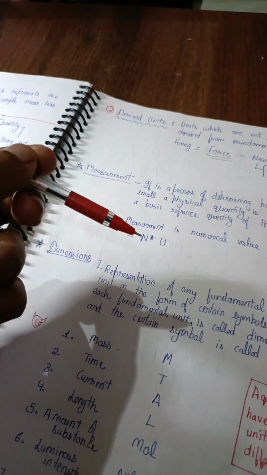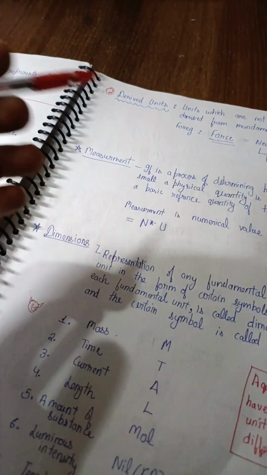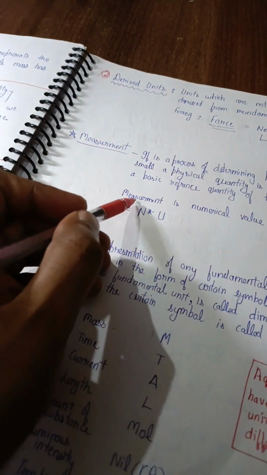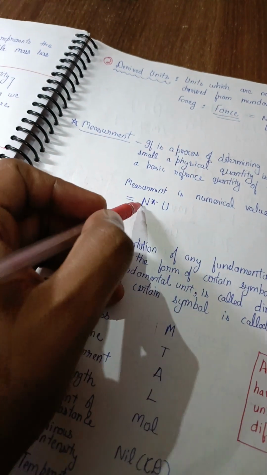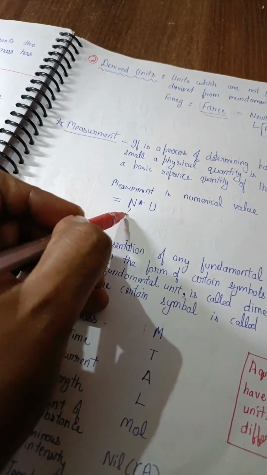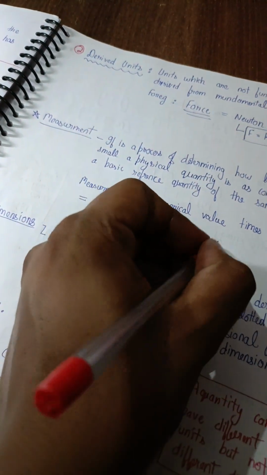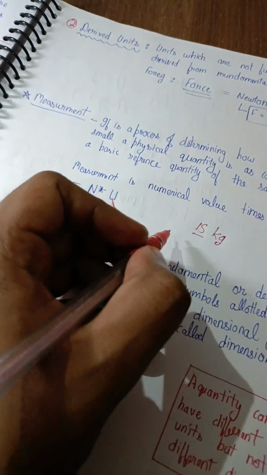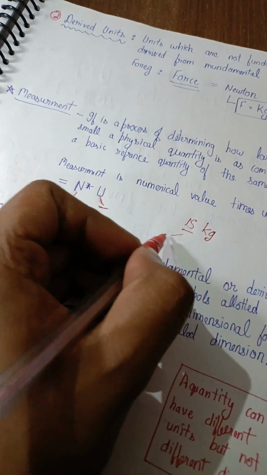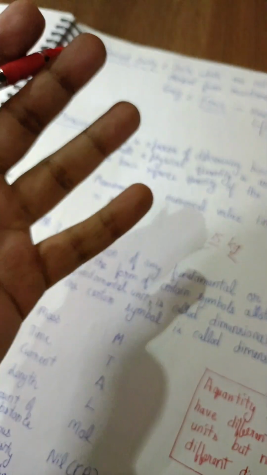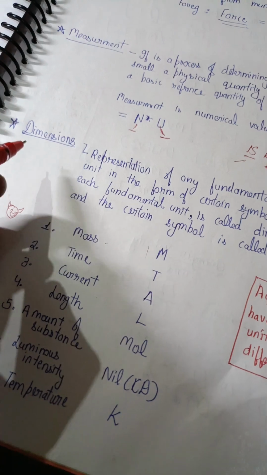We have to measure this pen to know. In a measurement, n represents the numerical value and u represents the unit. For example, 15 kg: 15 is our numerical value and kg is our unit. That's simple.